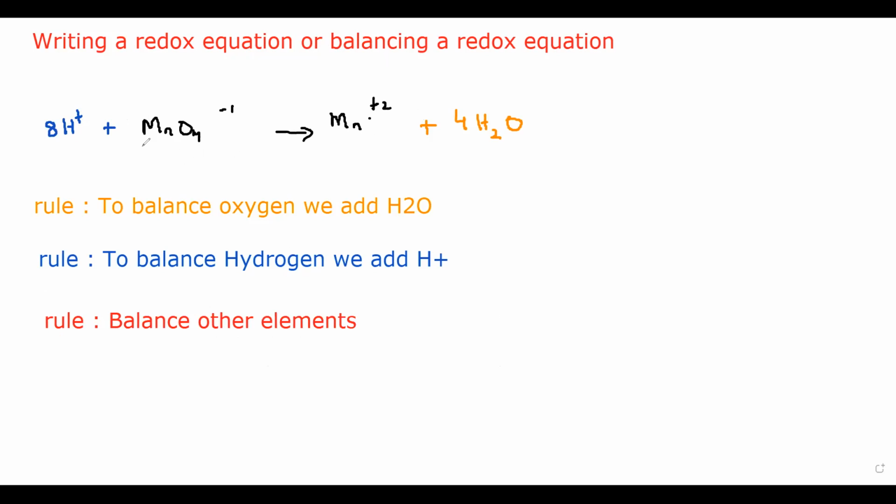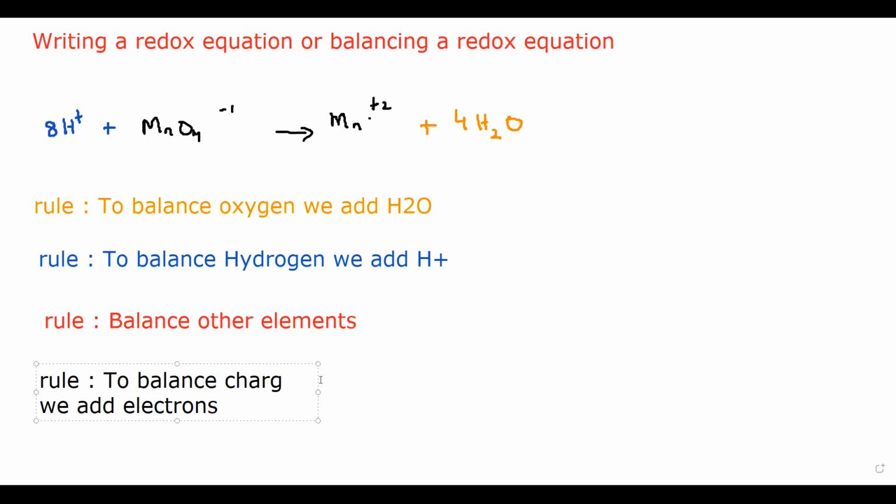It is already balanced because the number of Mn ions is the same on both sides. Then the last one, rule 4, to balance the charge, we add electrons.